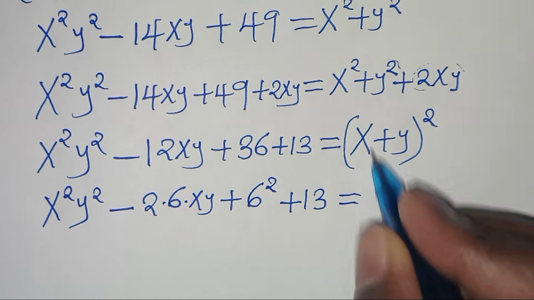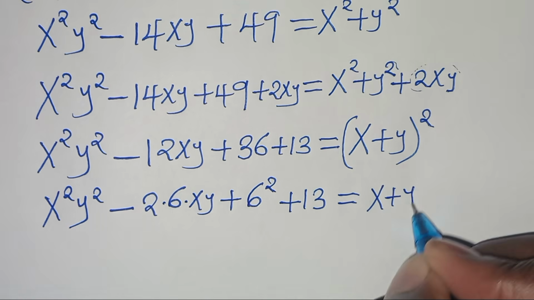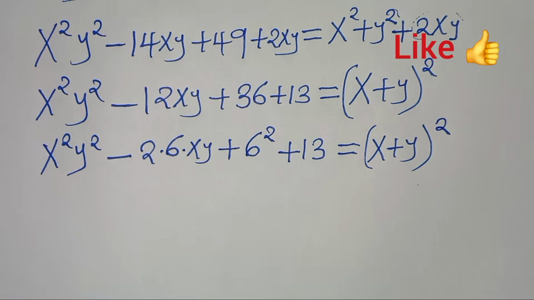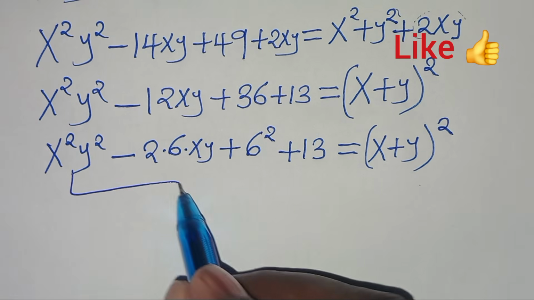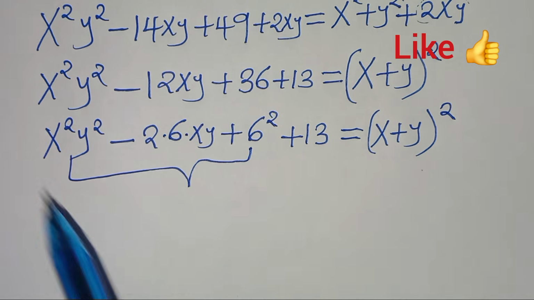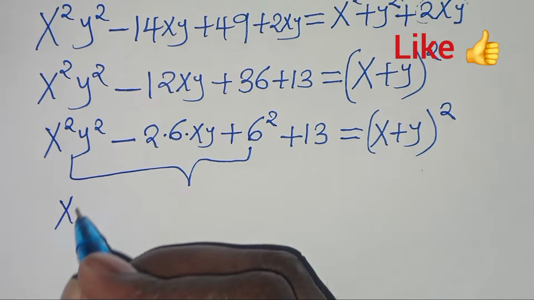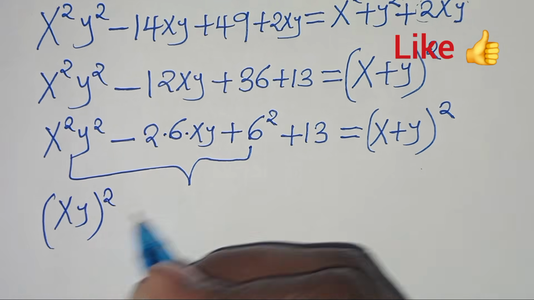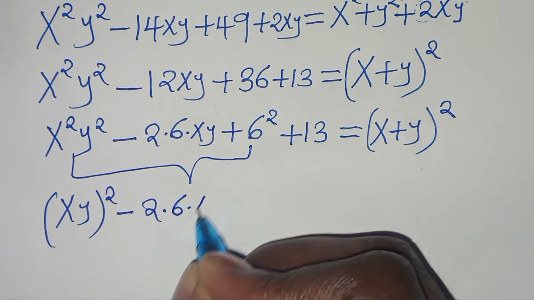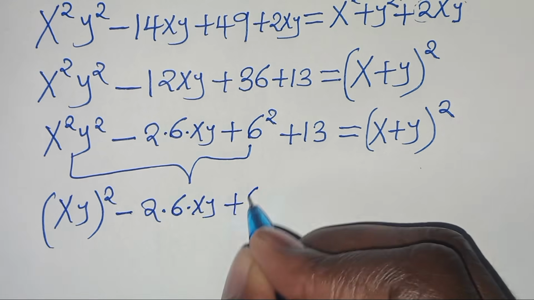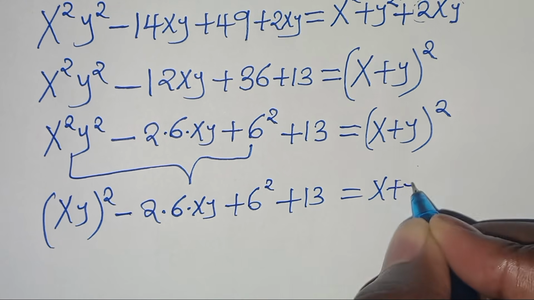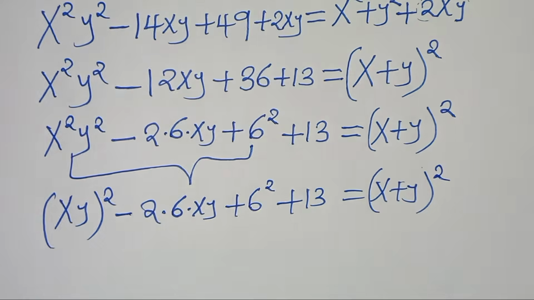This is equal to (x + y)^2. Now, we can express this part as (xy)^2 - 2 times 6 times xy + 6^2 + 13, equal to (x + y)^2.